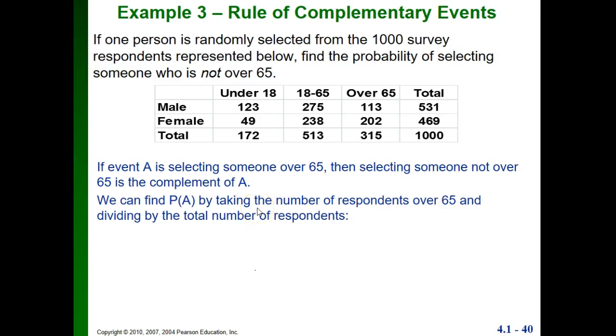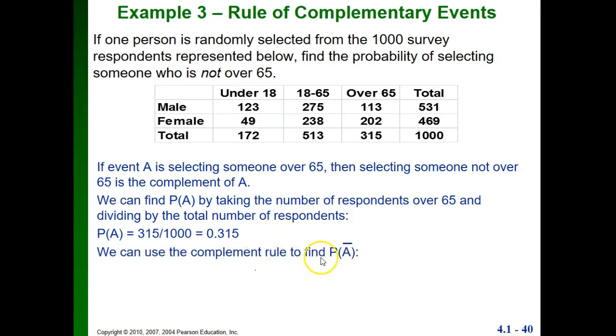We can find the probability of A by just taking the number of respondents over 65 and dividing by the total number of respondents. We already have a total for our number that are over 65. That's given to us in the table. That's 315. Our total number of respondents was 1,000. So the probability of A is 0.315.